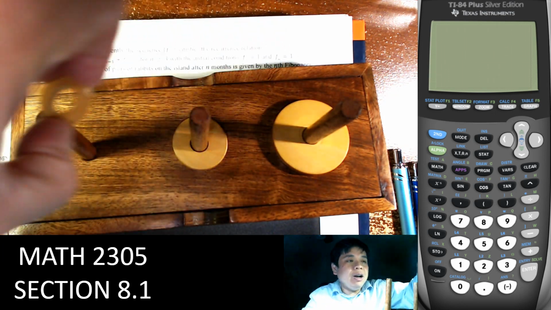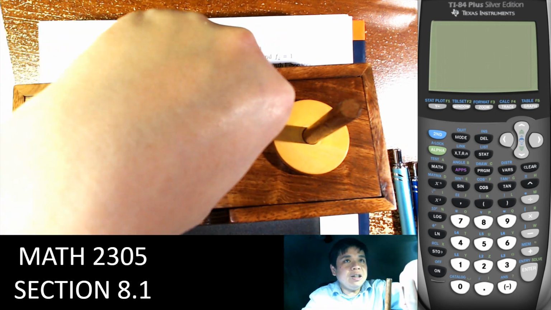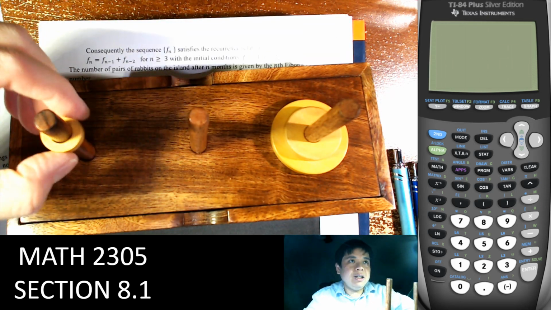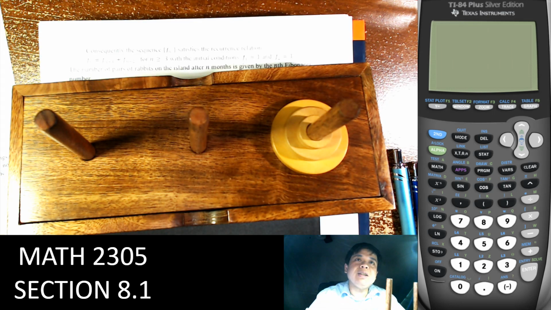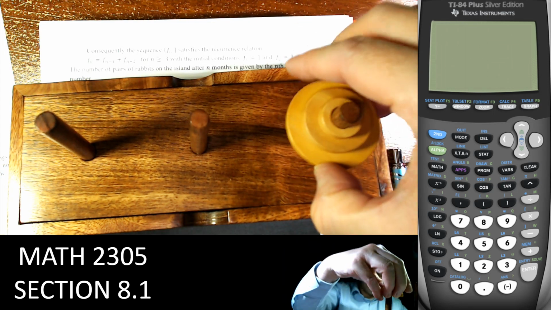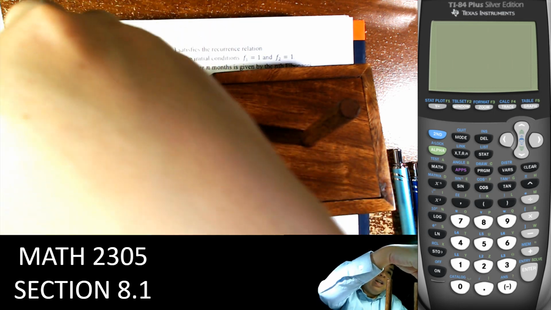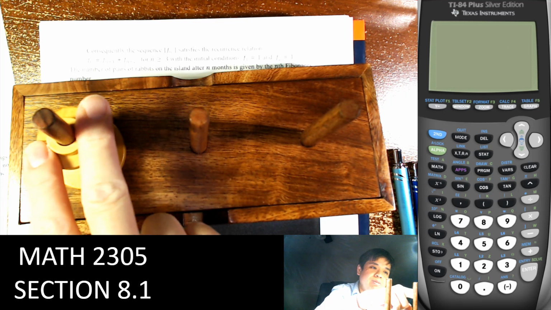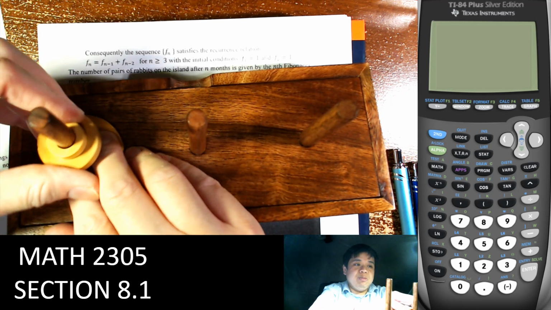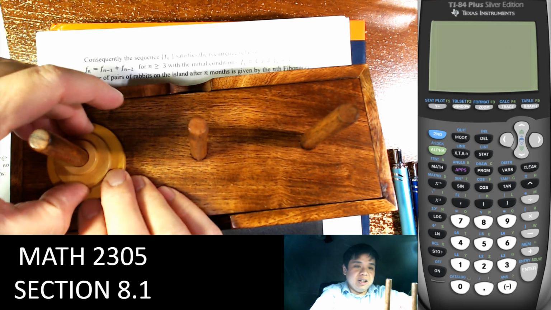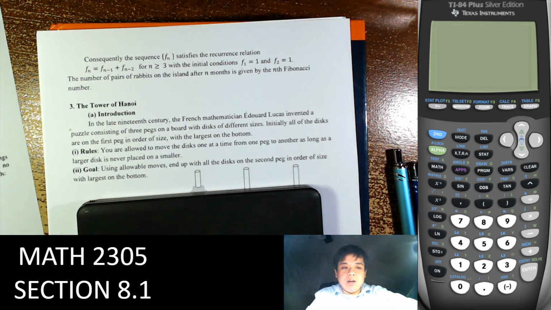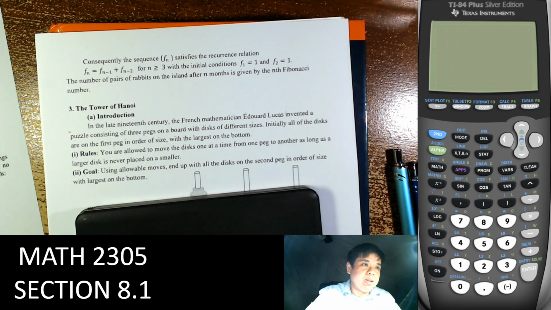Now 5, 6, and 7. Once again, in order to move 3 discs to the 3rd peg, we need to move 2 to the middle peg, then we move the last one over there, and then move the other 2 over. So bottom line, that's how the Tower of Hanoi problem works. Let me zoom back in.